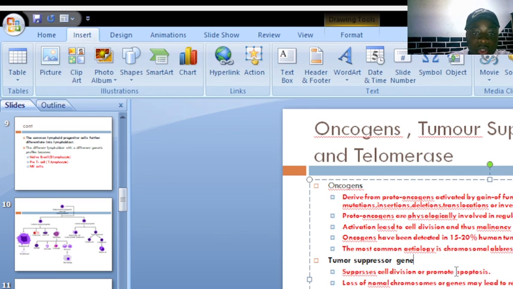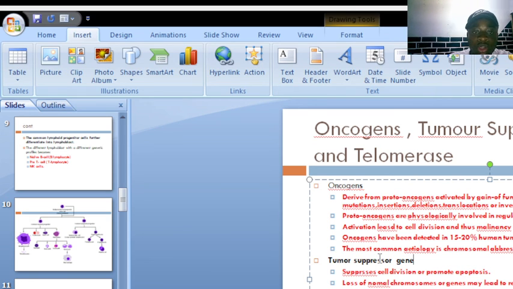So through the cell cycle, some cells are not obeying some principles, like they want to pass through the checkpoint and misbehave. So there will be programmed cell death, apoptosis, and this is caused by the tumor suppressor gene. Tumor suppressor gene, very important. And of course, when there is loss of normal chromosome or genes in this tumor suppressor gene, it may lead to malignancy.